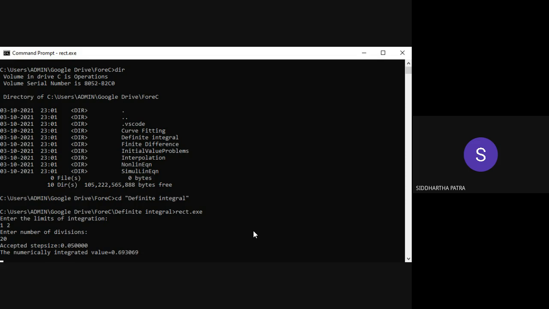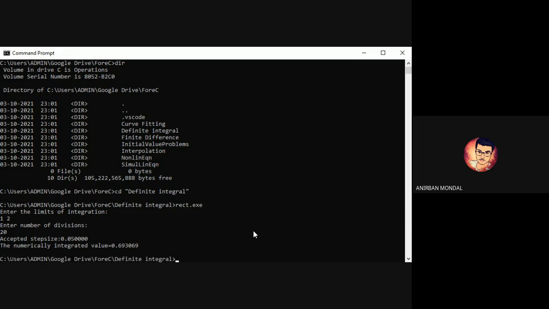And I also made it clear that at least a minimum of two divisions should be taken. If I give less than 2, it will automatically set it to 2. And you see what value we are getting for this one? 0.693069. It's close, but not close to the 5th or 6th decimal.